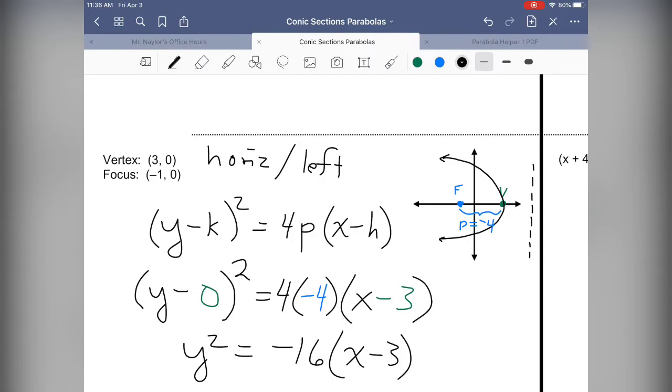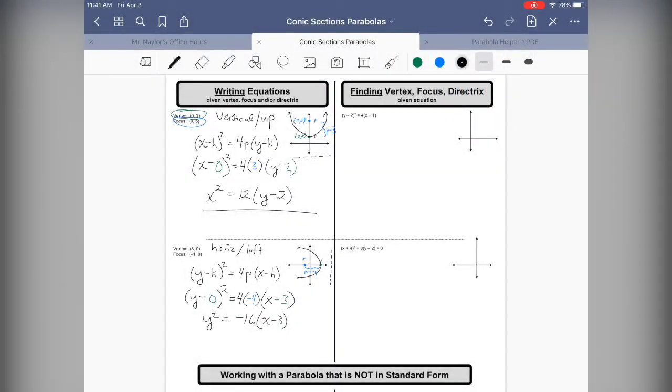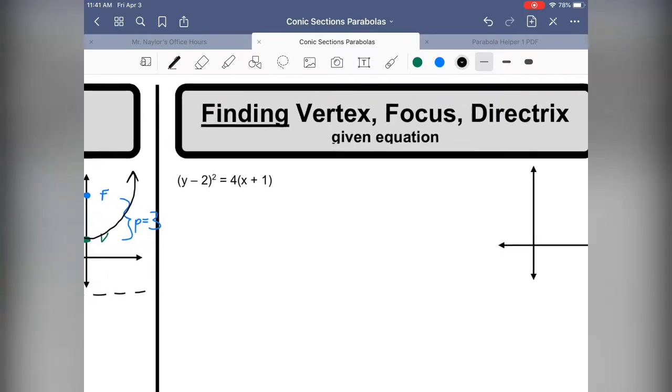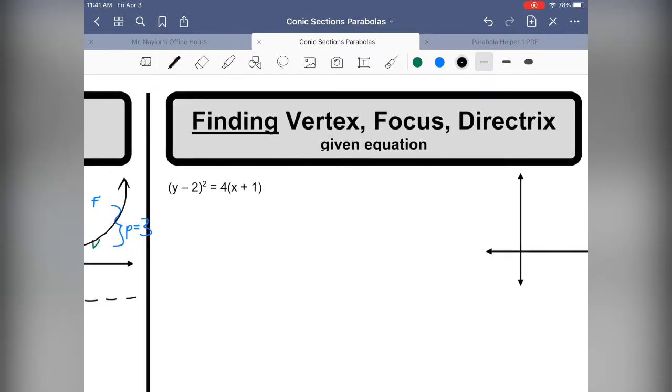All right, are you ready to move over to the other column where we're going to actually define the vertex, focus, and directrix? And you'll notice that, of course, we're given the equation. Now, I'd be curious what you're already noticing when you're given the equation in class. I wouldn't be surprised if I'd have some students say that they already know what the vertex is.